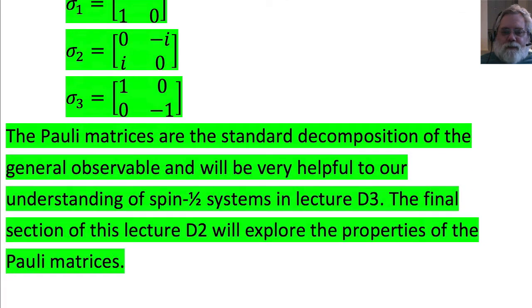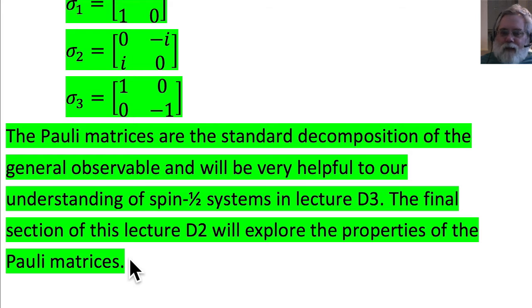The Pauli matrices are the standard decomposition of the general observable and will be very helpful to our understanding of spin 1/2 systems in lecture D3. The final section of this lecture, D2, will explore all the properties of the Pauli matrices. In fact, we're going to see that all the properties of them stem from two-state systems.